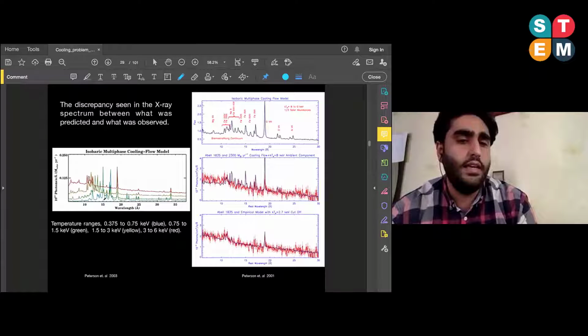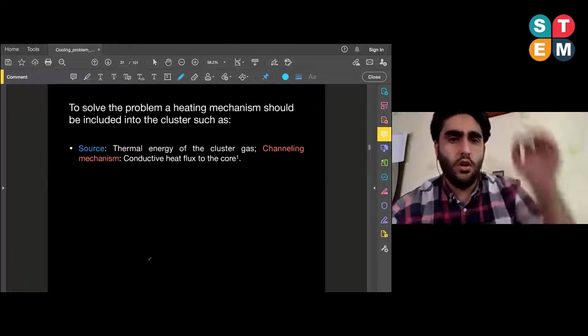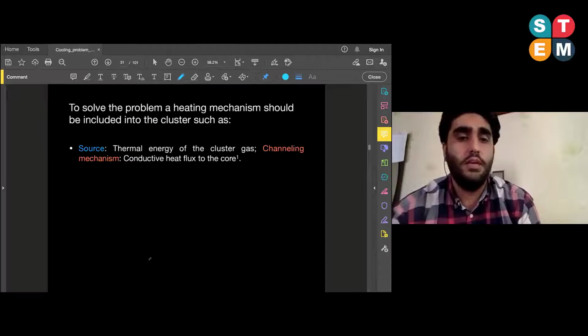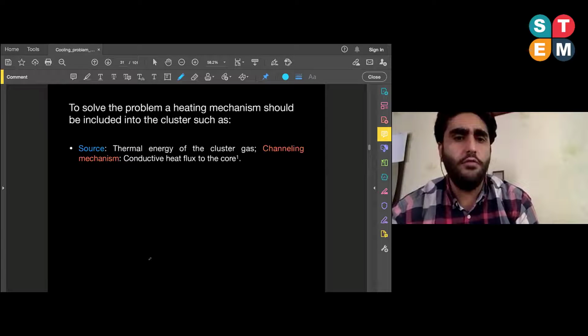By playing with this range of temperature, we can find different spectra in order to fit the observed spectrum.